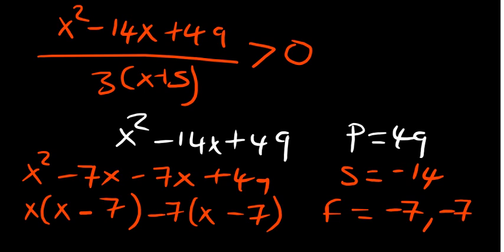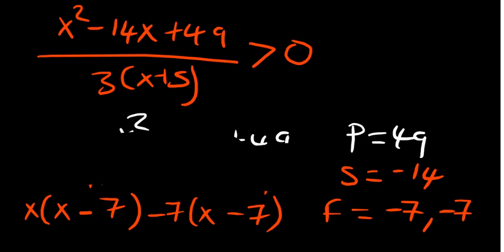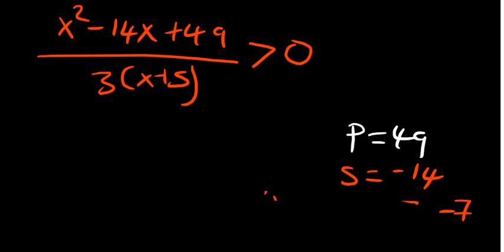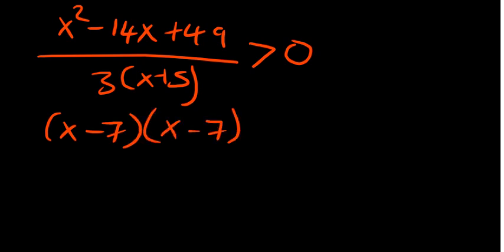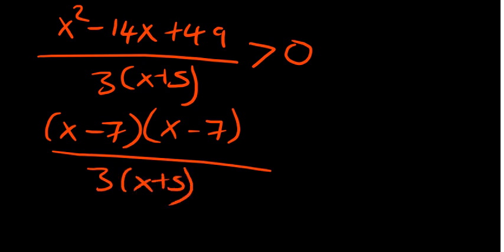Okay. So it's just like you just have x minus 7 squared, right? We only have x minus 7 being multiplied by itself. So we have x minus 7, we have x minus 7 over 3x plus 5 being greater than 0.